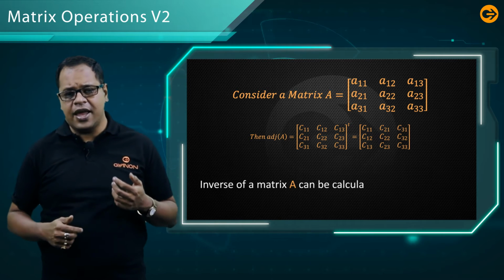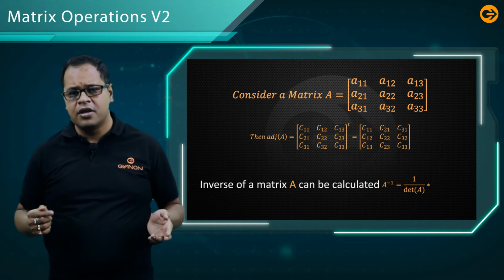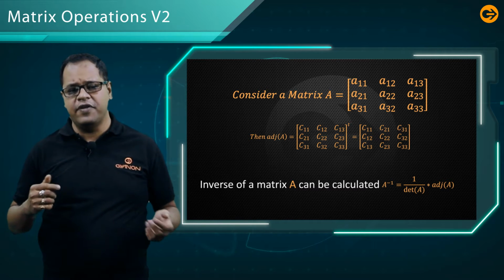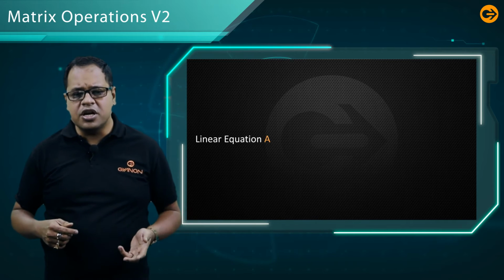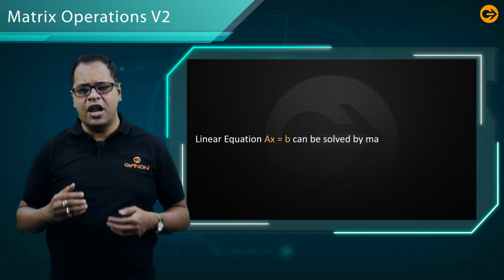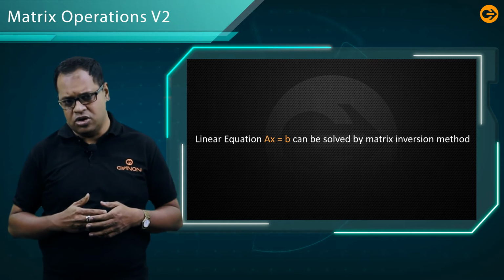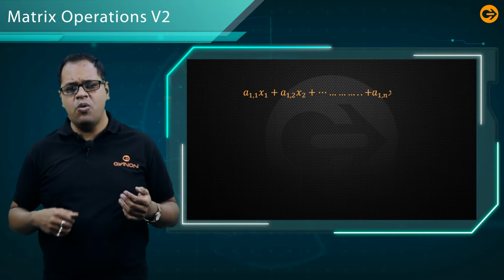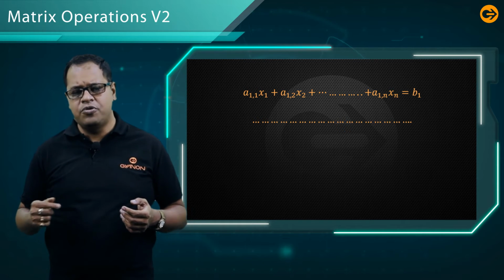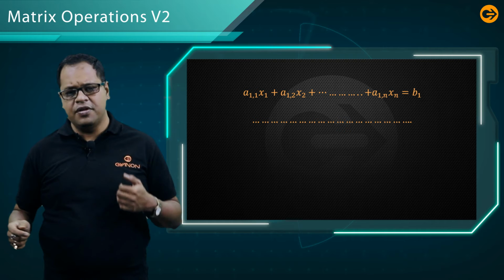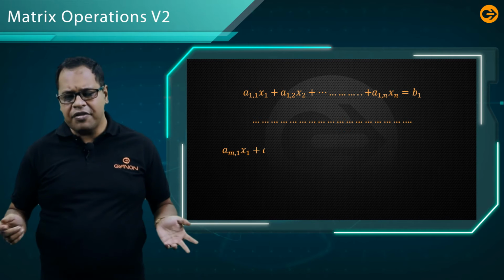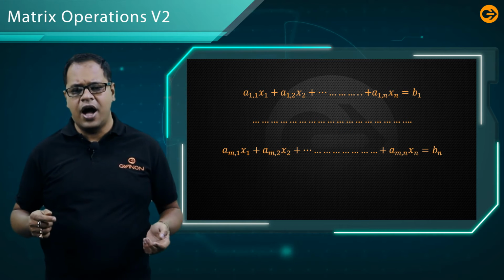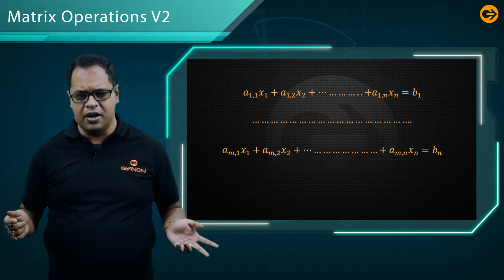Inverse of a matrix A can be calculated by A inverse is equal to 1 by det A into adjoint of A. Linear equation Ax is equal to B can be solved by the matrix inversion method. Let us take one equation: A11 x1, A12 x2 plus up to A1n xn is equal to B1. And the last equation is Am1 x1, Am2 x2 up to Amn xn is equal to Bm.